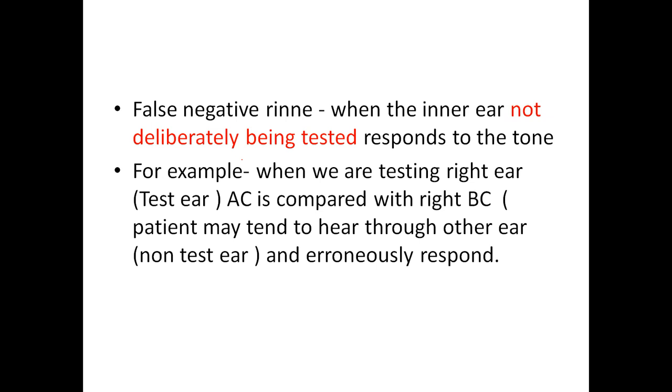While testing BC, since it stimulates both cochleae, there may be a high chance of response from the other ear. An erroneous result will happen. That is the false negative Rinne. Now he may say that he can hear bone conduction better, but possibly it comes from the other ear. That time it is a negative Rinne, but it is a false negative Rinne.